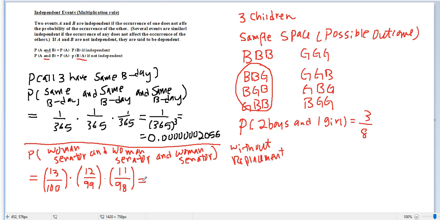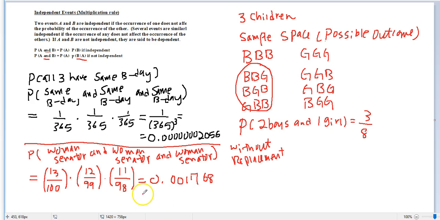So let's take a look at what we got here. I'm just going to multiply these: 13 times 12 times 11 divided by 100 divided by 99 divided by 98. We got 0.001768.